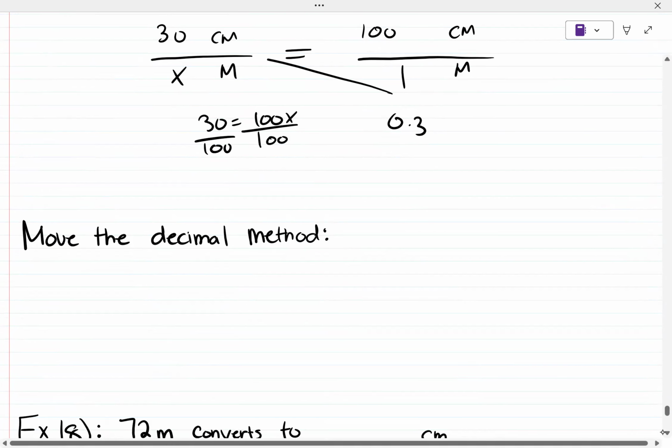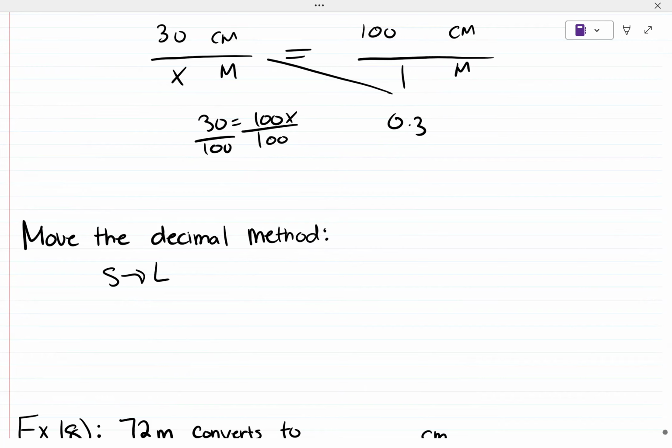So what we were given, we are technically going from a smaller to a larger unit, so we're going to have to move the decimal place 2 places to the left. Why 2 decimal places? Because for 1 meter, there's 100 centimeters, so we count these zeros.